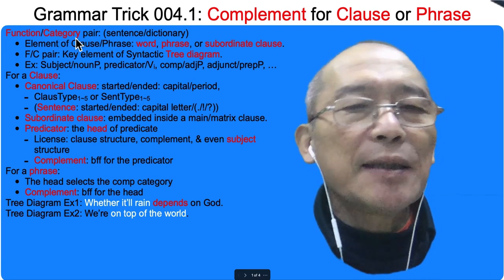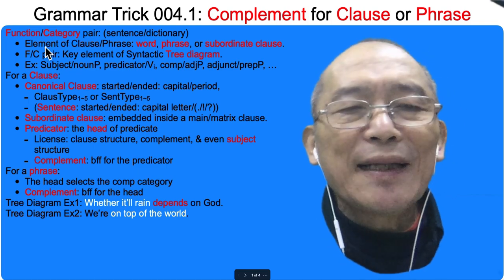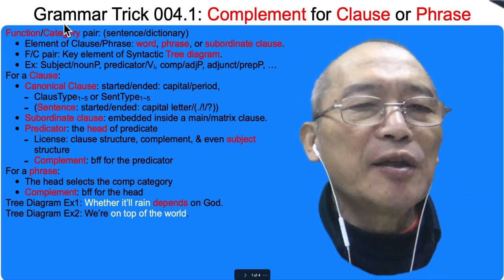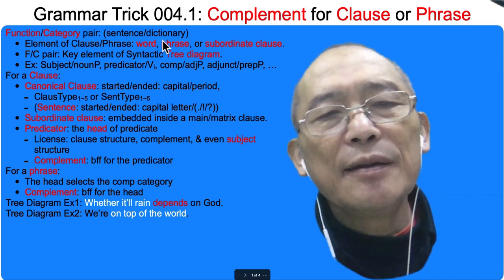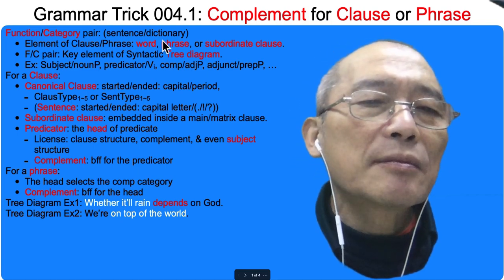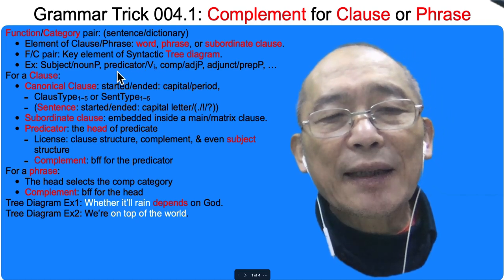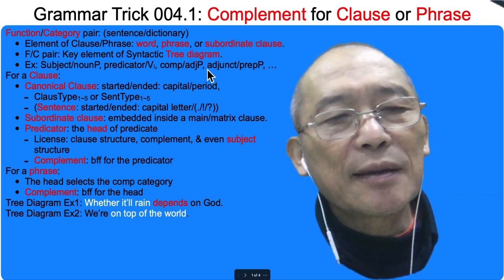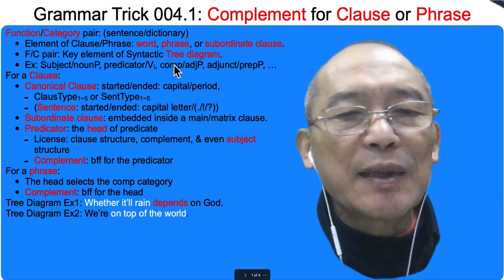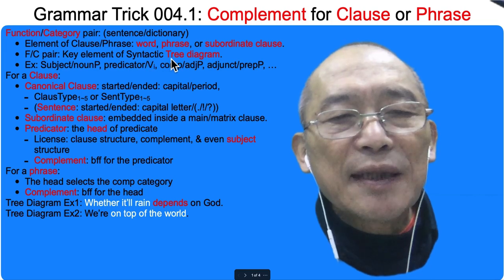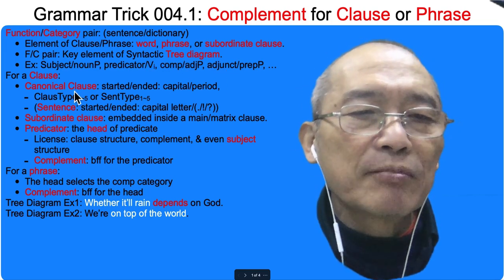A category is what an element is in terms of the 8 categories of words in the dictionary for a sentence. So, an intransitive verb could be acting as the predicator, etc. And this pair is the key element for the syntactic tree diagram we will see in the next 2 pages.